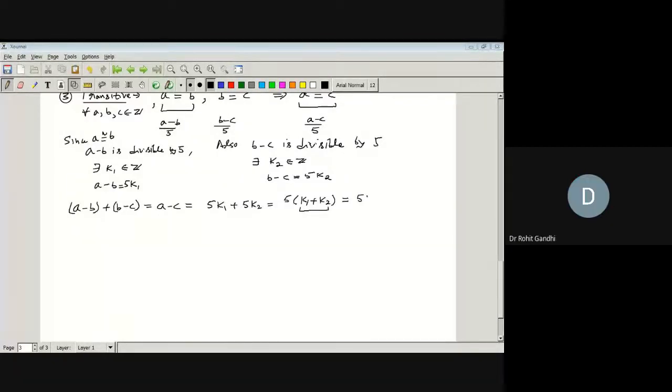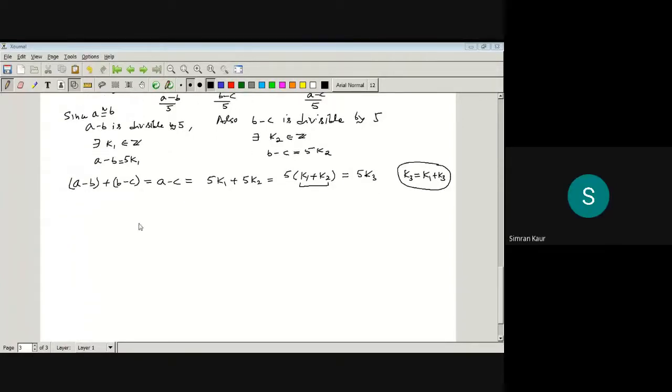Yes, this is another integer. Let us write it as K3. So K3 equals K1 plus K2. So A minus C is divisible by 5. This implies A minus C is divisible by 5. And this is what we have to prove.